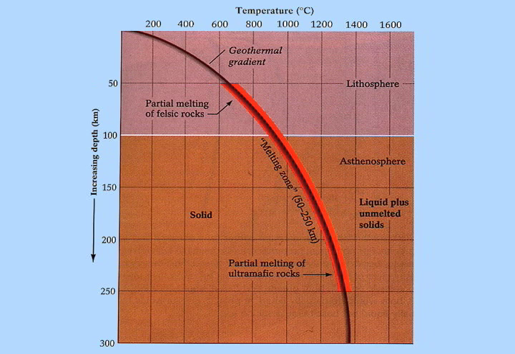The curve of this generalized geothermal gradient shows that heat begins to liquefy some low melting temperature felsic minerals at 600 to 900 degrees Celsius at depths of 50 to 100 kilometers, while refractory mafic minerals melt only when temperatures are on the order of 1200 to 1300 degrees Celsius at a depth of about 200 kilometers.